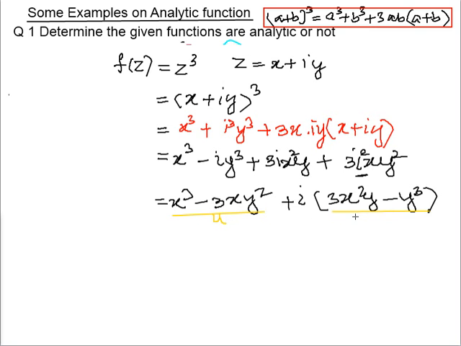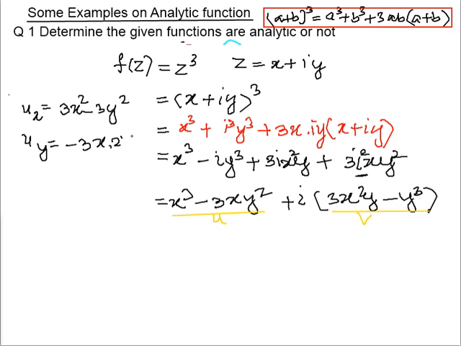Now we want to check whether this given function satisfies the CR equation or not. So we have to find all the partial derivatives for checking the CR equation. First is ux, the partial derivative with respect to x: 3x square minus 3y square, because x gives 1. Uy: the first term is constant, so 0, minus 3x, and y square gives 2y. Clear?